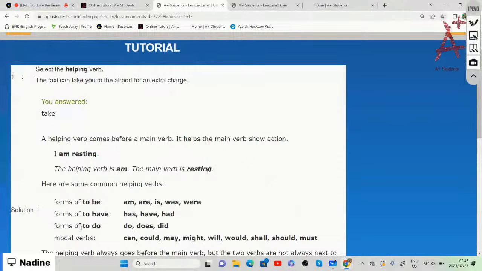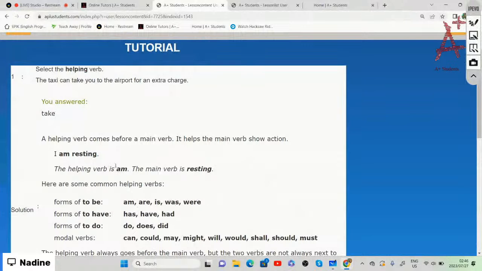They form to have, like has, have, had. They form to do, which is do, does, did. And we also have modal verbs, which are can, could, may, might, will, would, shall, should, must. So these are common helping verbs.